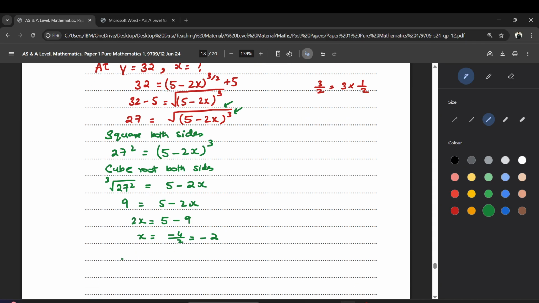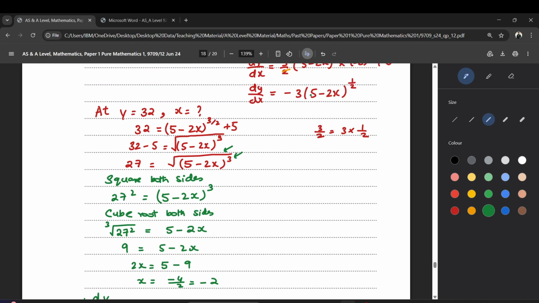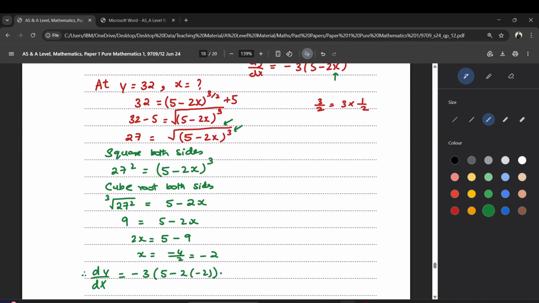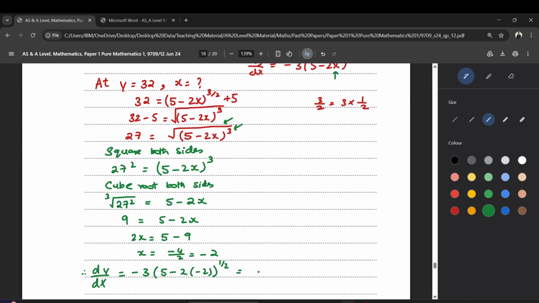Now I can plug in this value. Therefore, dy/dx is equal to minus 3, and I'm going to plug in the value of x over here. So minus 3 times (5 minus 2 times minus 2) to the power of half. So this will be minus 3 times (minus 2 times minus 2, that is positive 4, and 5 plus 4 will be 9).